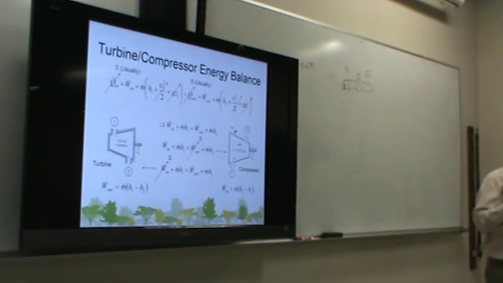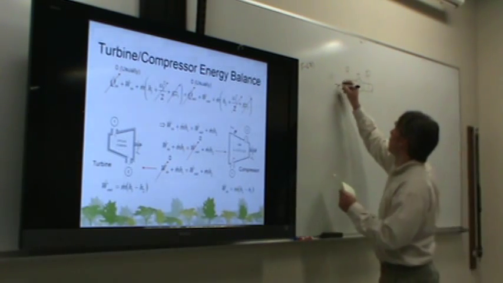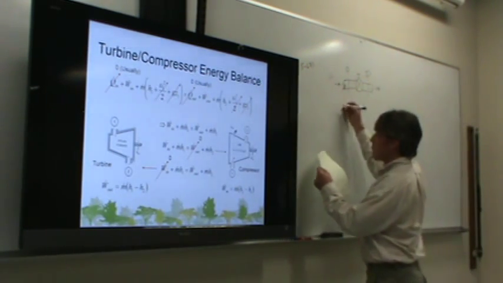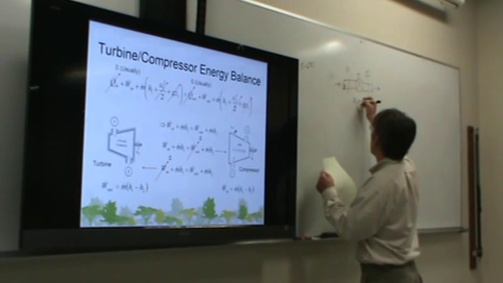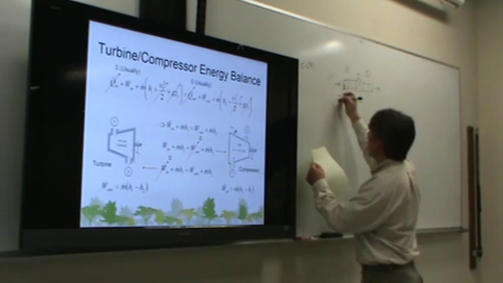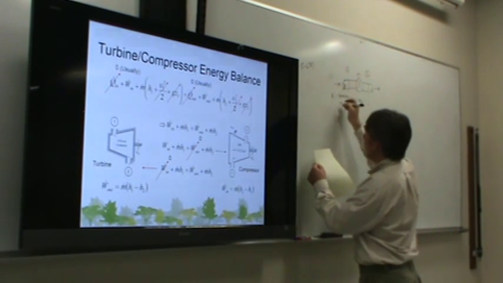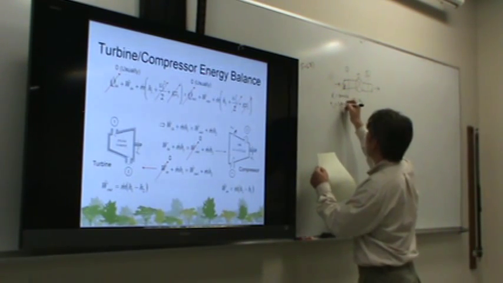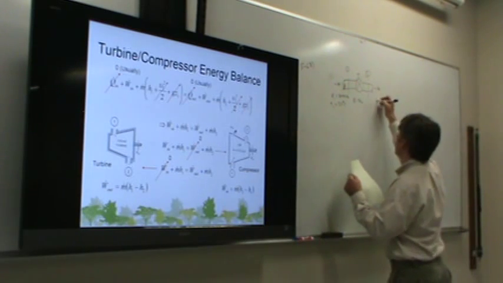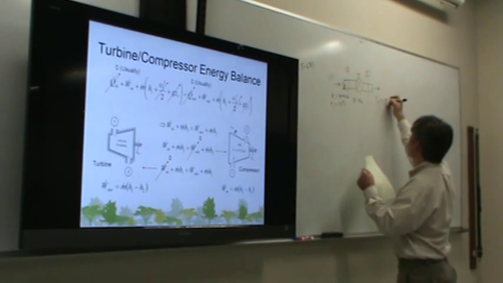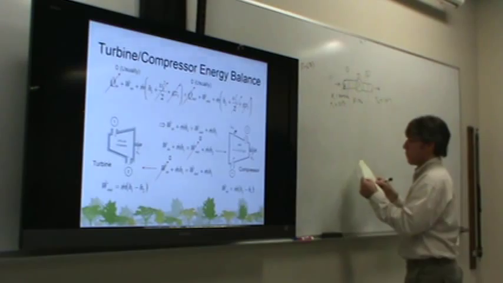TXVs are valves that are thermally adjusted, basically based on temperature. Then we have an incoming stream of R134a that has a pressure of 800 kPa and a temperature of 25 degrees Celsius. The temperature at the exit is -20 degrees Celsius.